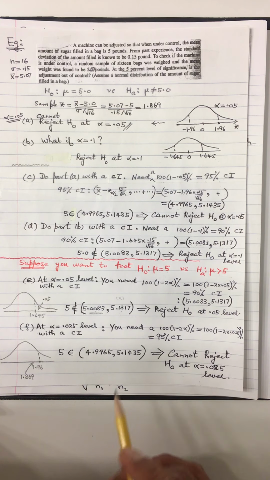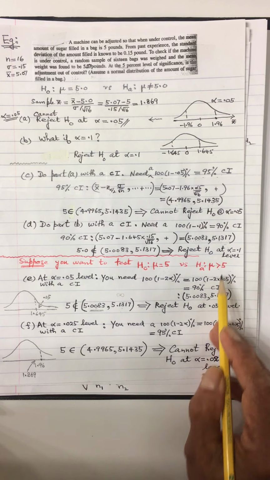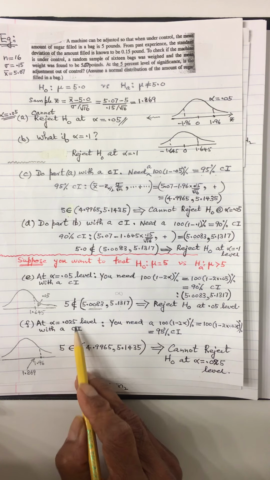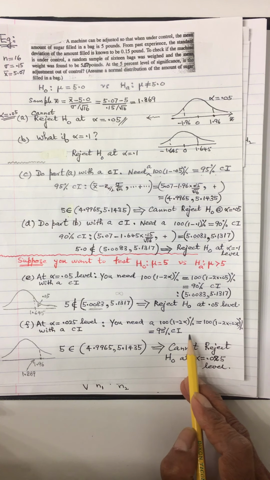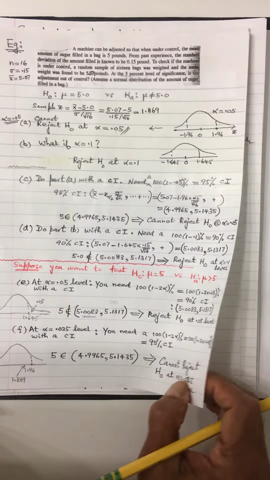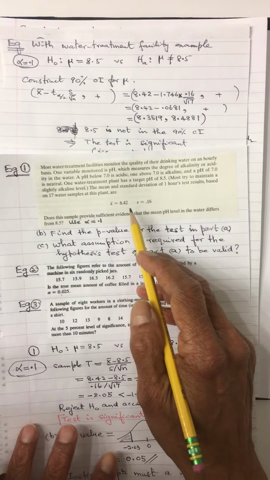All right, so anyway, it's the same thing here. If you are dealing with the upper tail at this level, you need to construct a 95% interval and then decide, okay? So you can look at one of our previous examples where we did that confidence interval.